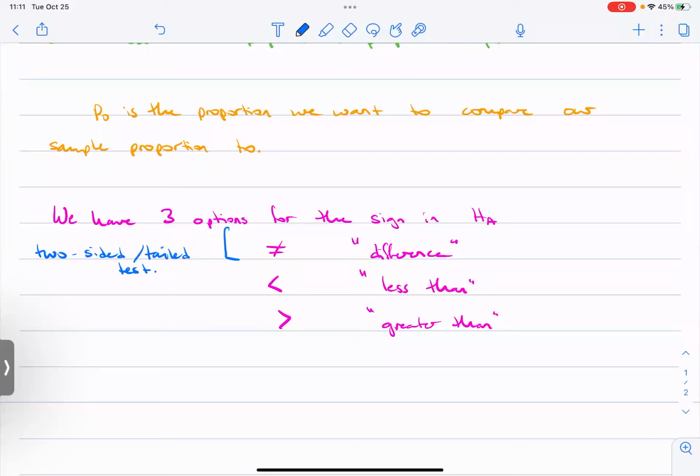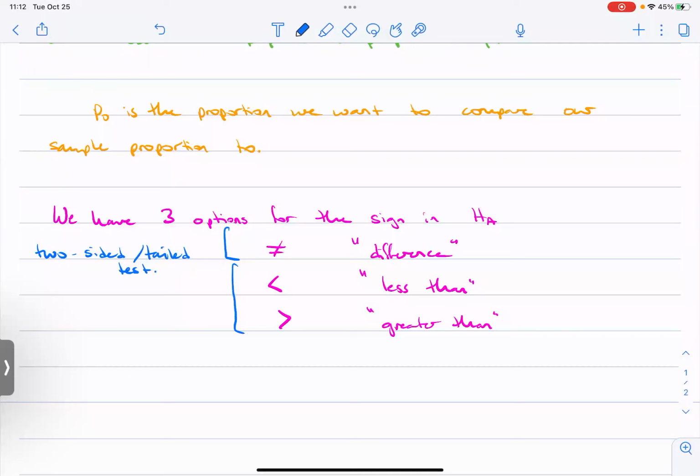Because at some point, I don't care if it went way into the lower tail or way into the upper tail. If there's a difference, it doesn't matter which side it went into. So I don't care which tail. Whereas if I want to know if it's less than, then I'm in the lower tail, or greater than, then I'm in the upper tail. And this is for my p-value.